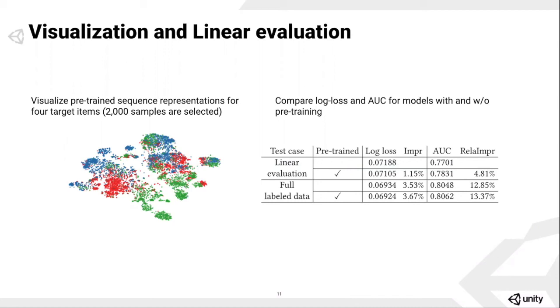In linear evaluation, we freeze the sequential part and use the representation learned in the pre-training phase directly without fine-tuning, and we train the dense network to do the conversion prediction. We also test the scenario where we allow the network to fine-tune using all labels. The model with pre-training still outperforms the models without pre-training.